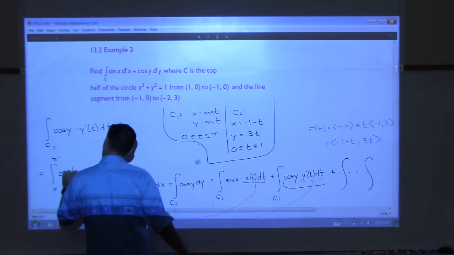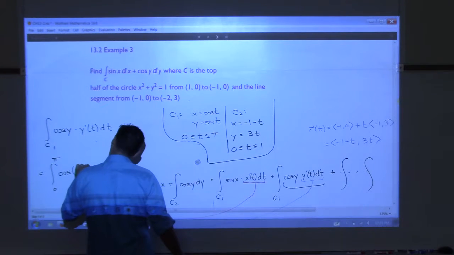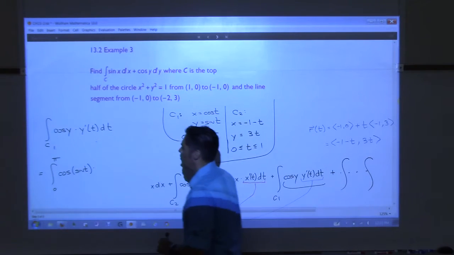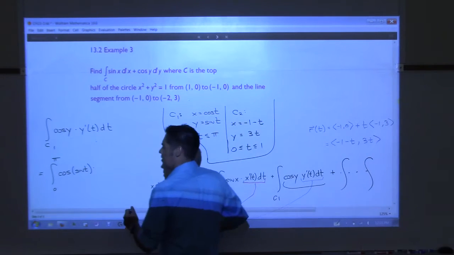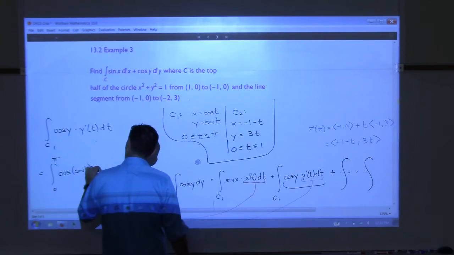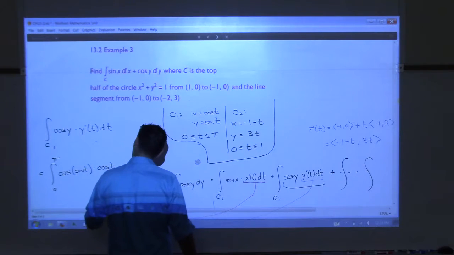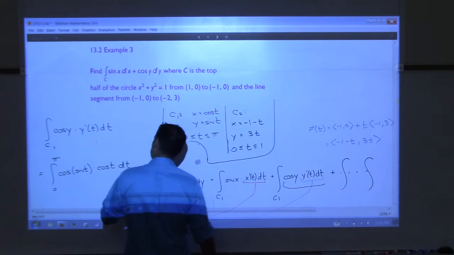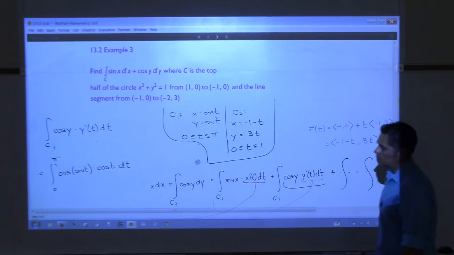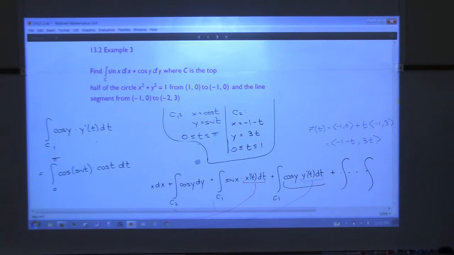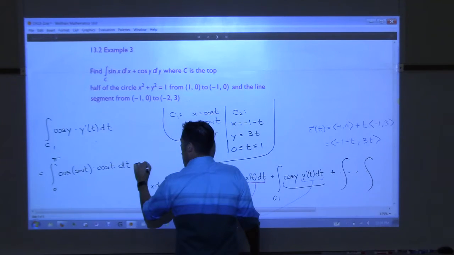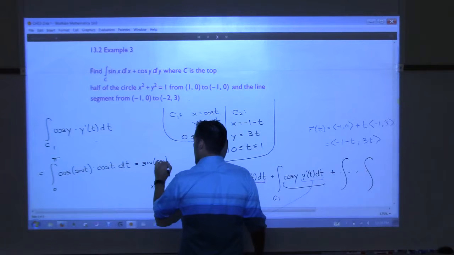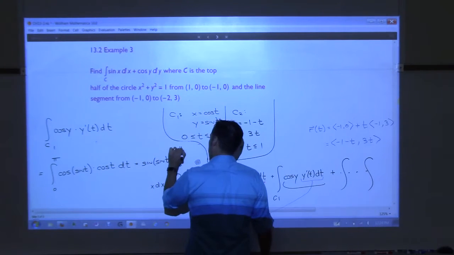Sine t. And then y prime of t, which is cosine t. So this is going to work a lot like the other one did, right? dt. So the antiderivative of that, if we work it out, should just be sine of sine t. Evaluate 0 to pi.